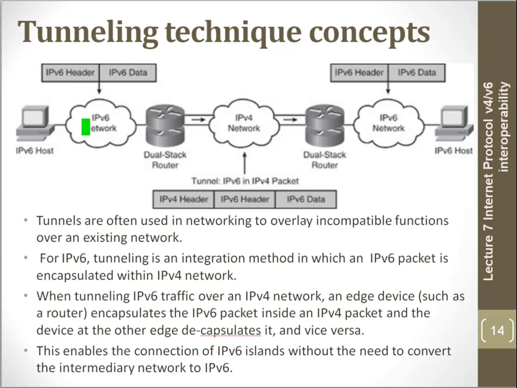This is an IPv6 network and this is an IPv6 network. I want to send some data from the IPv6 network to here, but in between I have an IPv4 network. This is a dual stack router, so this router can support both, and this is also a dual stack router, supporting both.